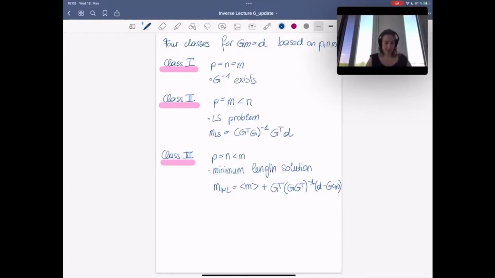With this, we can actually fit our data exactly. However, the solution to this is not unique.